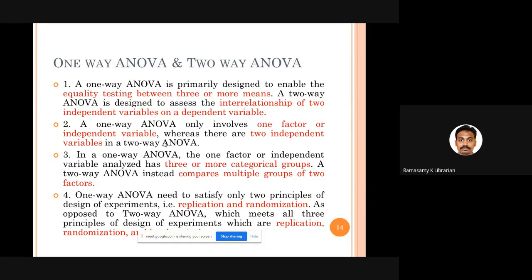In the case of one-way ANOVA, principle of replication and principle of randomization both are used. But in two-way ANOVA, we use all three principles: replication, randomization, and local control. So these are the differences between one-way ANOVA and two-way ANOVA. Basically, ANOVA is meant for checking whether there is any difference among the independent variable and dependent variables in terms of their variance. Okay, fine.